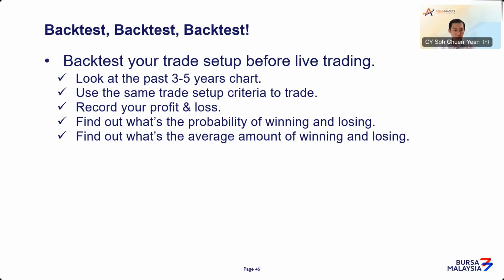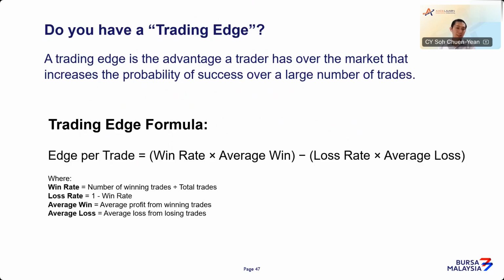Record all your profit and loss, and when you have all that data, you can know the probability of winning after, let's say, 100 trades. What is the probability of winning? What is the probability of losing? And through these 100 trades, you also know the average amount of winning and losing. Now, today I have only shared with you high probability trading, right?